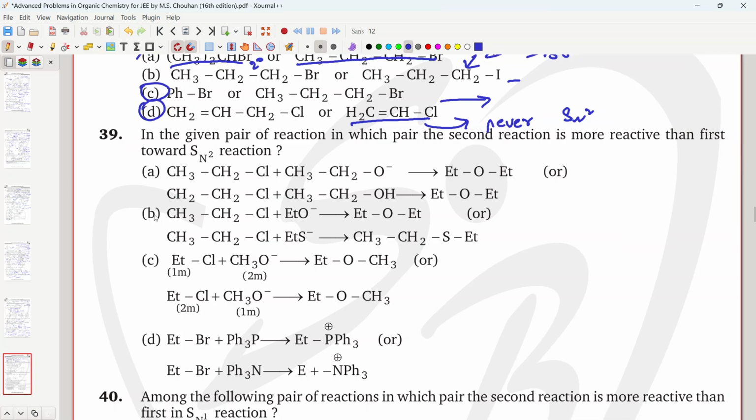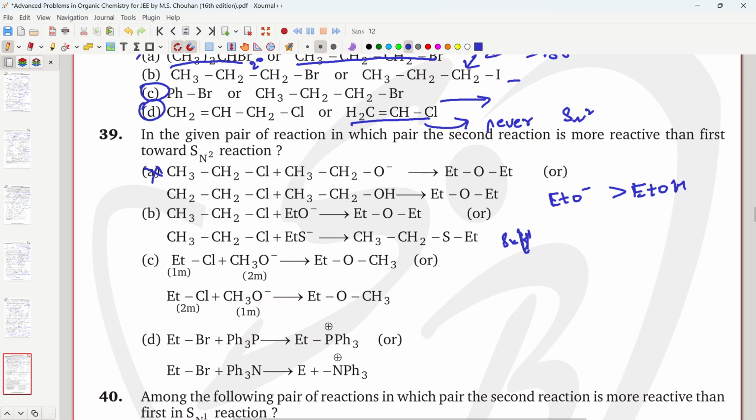Anyways, question number 39. Second is more reactive than the first toward SN2. Ethyl chloride plus ethoxide versus ethanol. First is faster here as well, so no. Ethyl chloride plus diethyl ether versus diethyl sulfide.